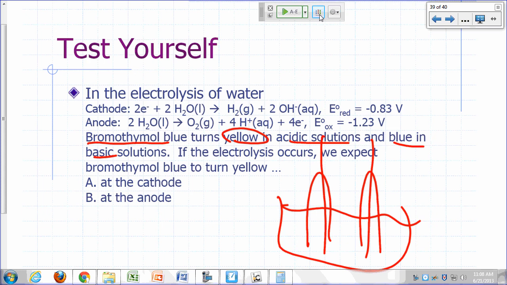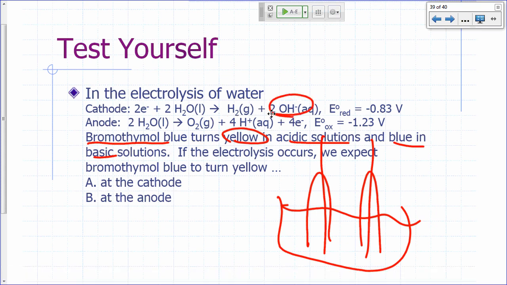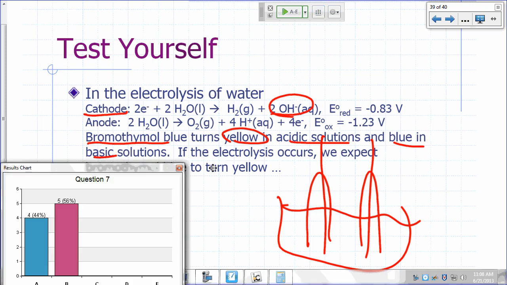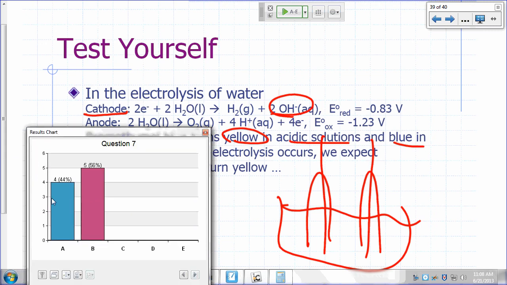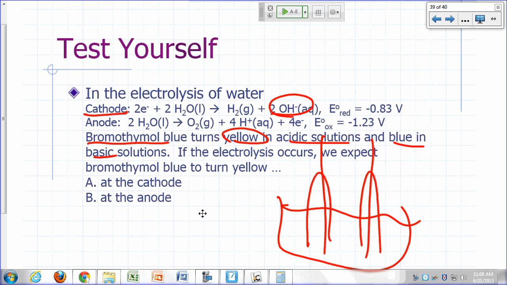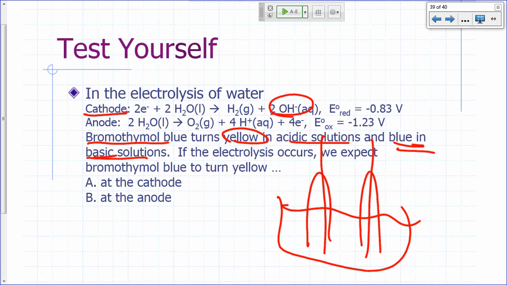It's going to turn blue at the cathode. It's blue in basic solution, and what makes a solution basic? Hydroxide. So it turns blue at the cathode. Correct answer is A. Blue in basic solution means where the hydroxide is being produced, that's where it turns basic.